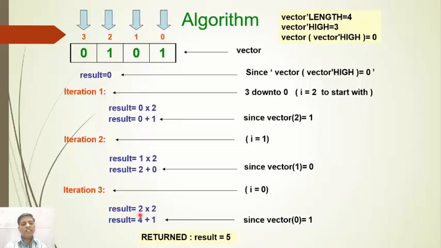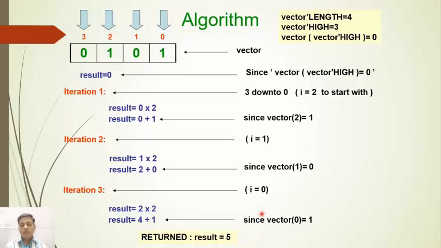So result is equal to 2 into 2, that is 4, and since vector 0 is equal to 1, we have 4 plus 1, so result is equal to 5.